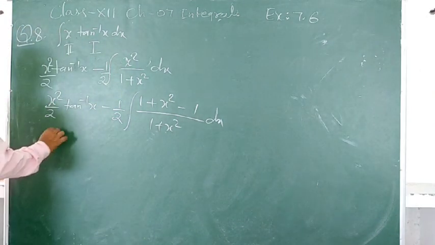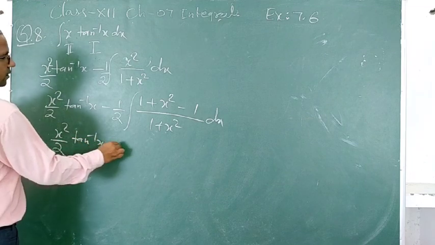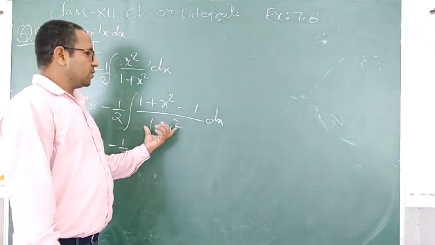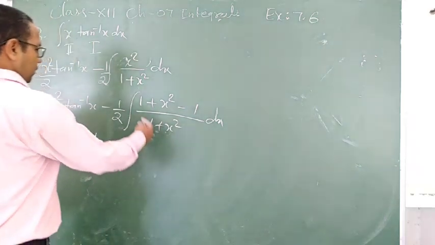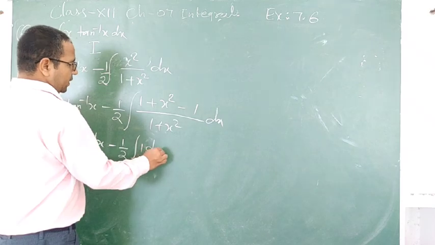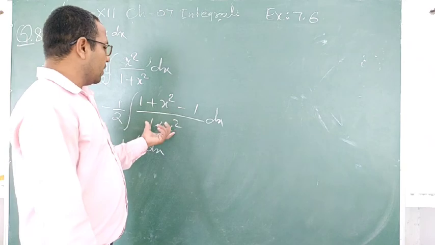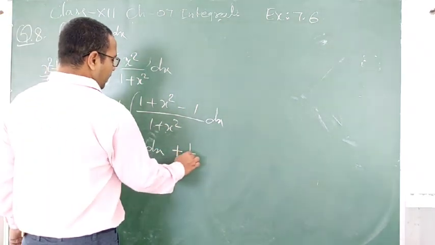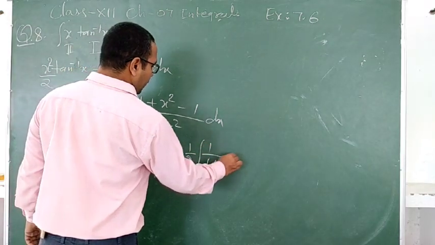So now x square by 2 tan inverse x minus 1 by 2. Students, make the denominator 1 upon 1 plus x square for this one, and for this x square make the denominator on this side. So you will get it in a simple way. The integral will give you 1 dx, and 1 by 2 is multiplied. Then, minus minus plus, 1 by 2 plus 1 by 2 integral 1 upon 1 plus x square dx.